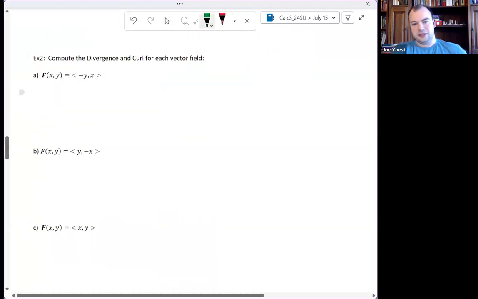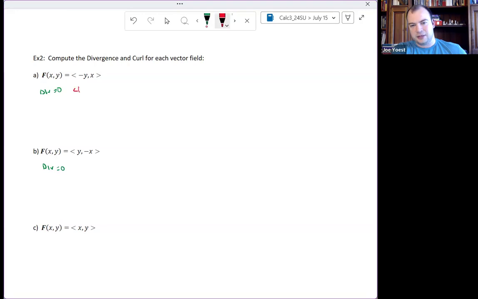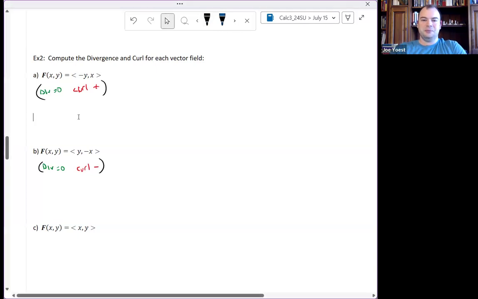So I thought that the divergence was 0 in both, and I thought that the curl was positive versus negative. So these were my guesses from my visual intuition. Let's actually compute them.